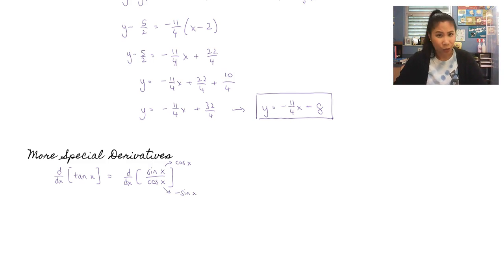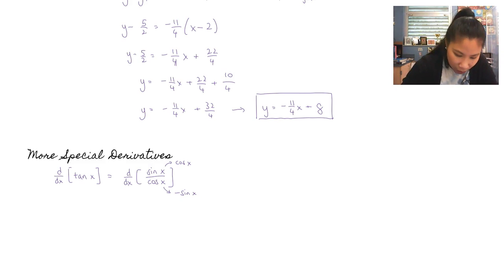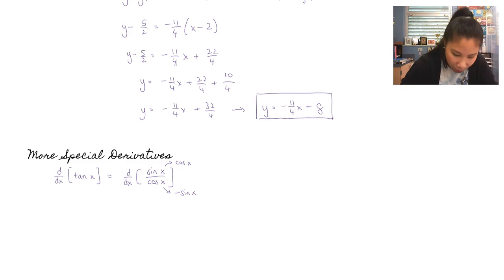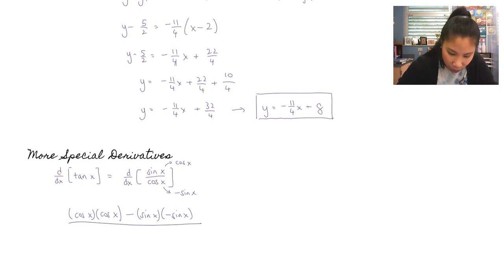Okay, so using our quotient rule, low d high, low is cosine, d high would be cosine again, minus high d low, all over low squared.